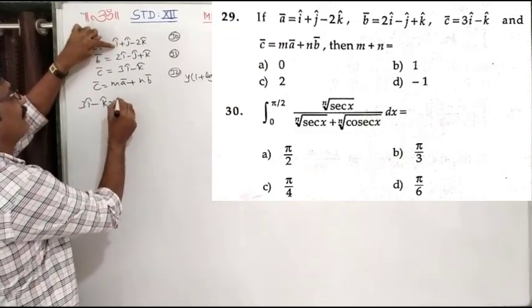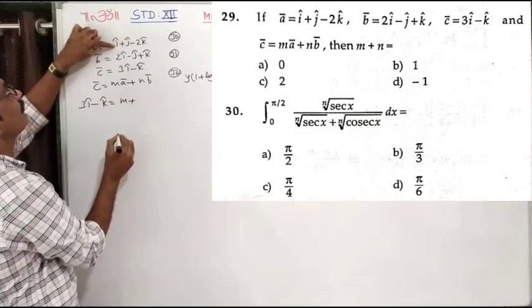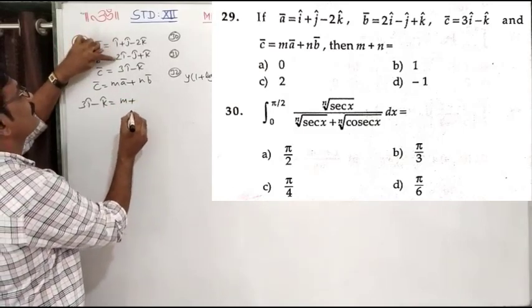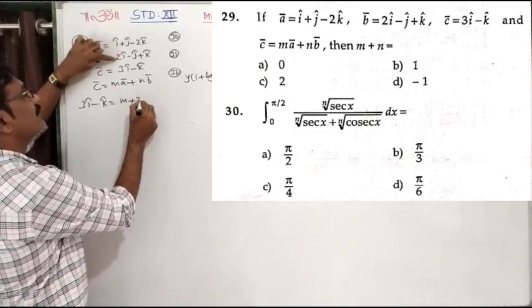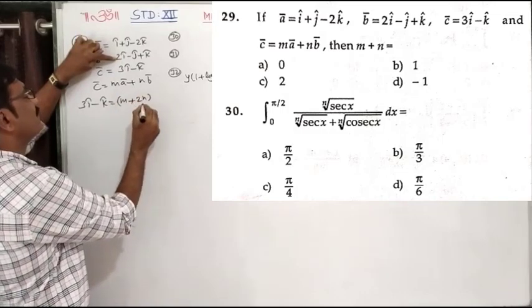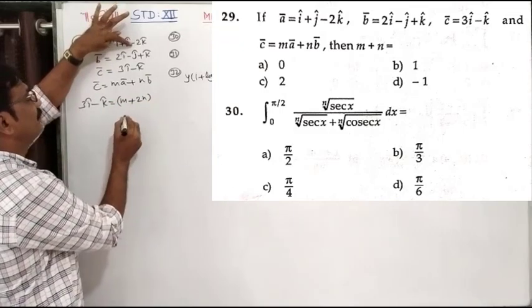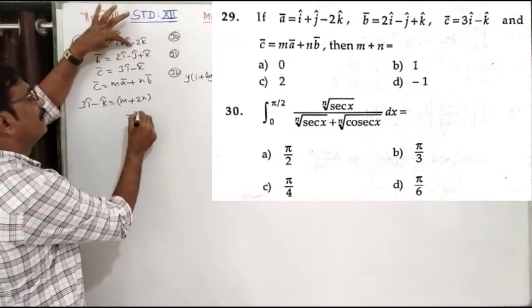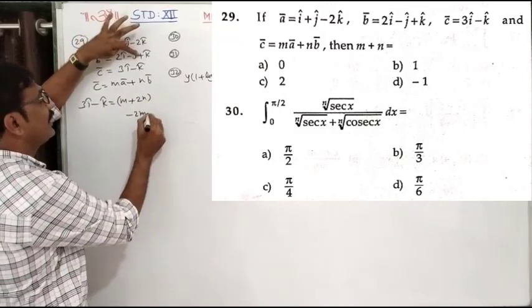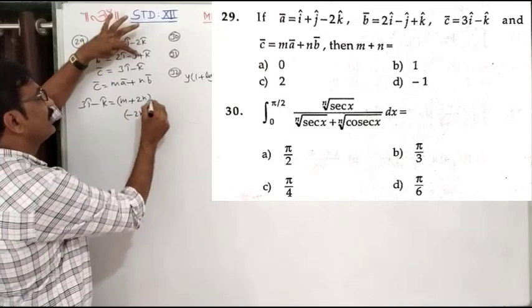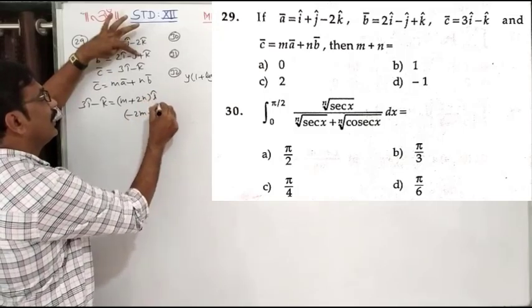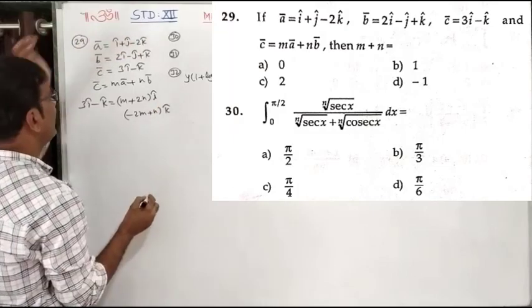M a bar means it is m only, twice of this. So it is twice n. For k, leave j, then you get minus twice m, for k plus n. This is i, this is k.